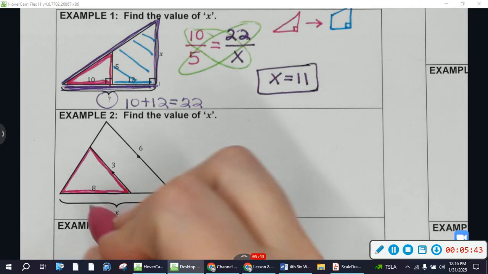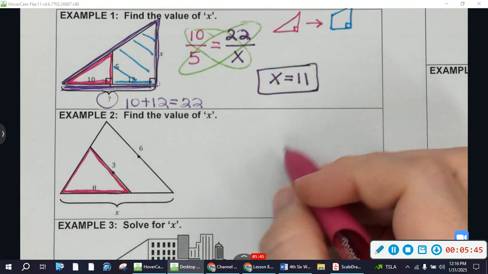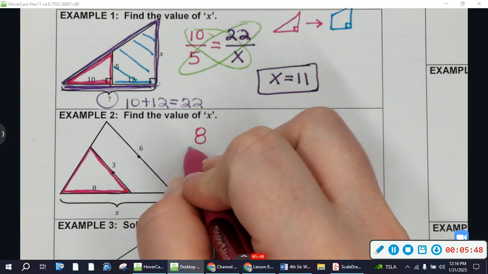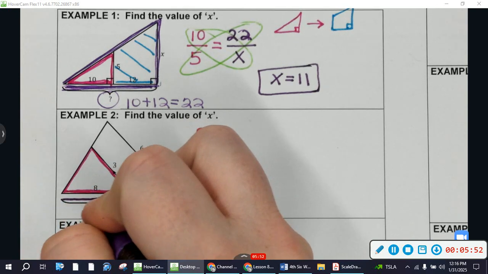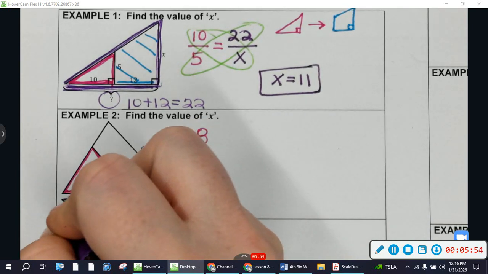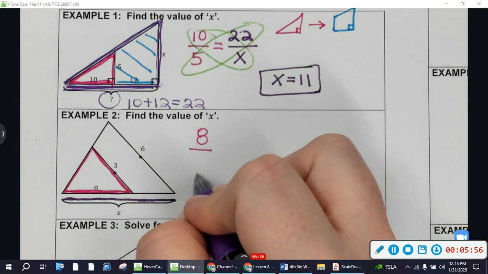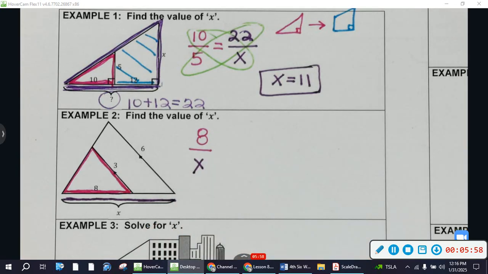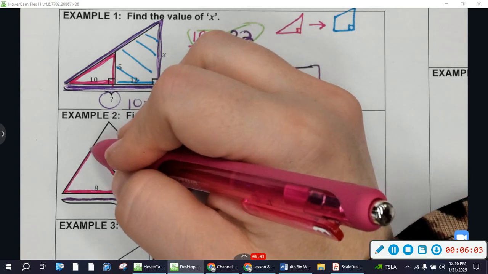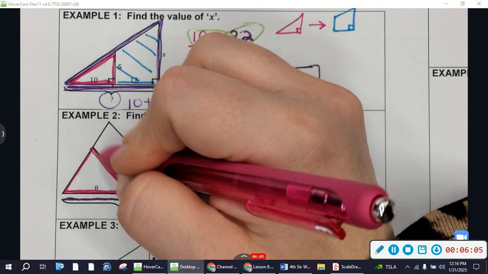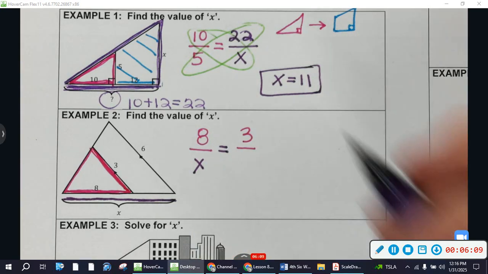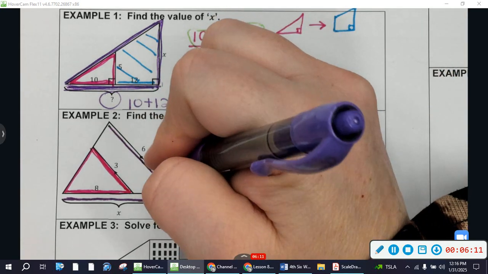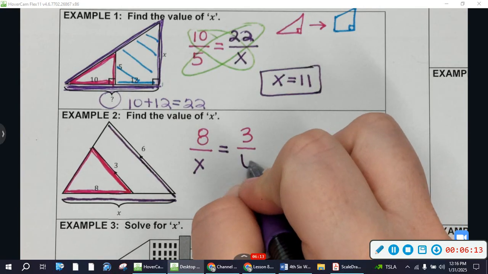So, I'm going to say little triangle base is to big triangle base, so little base is to big base, as my little, we'll say diagonal, is to the big triangle's diagonal.